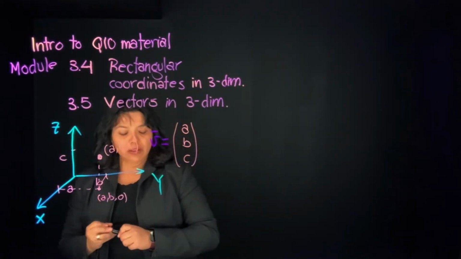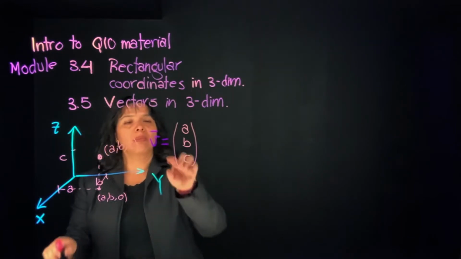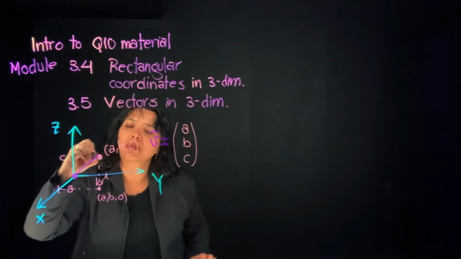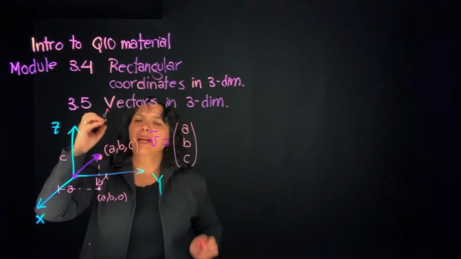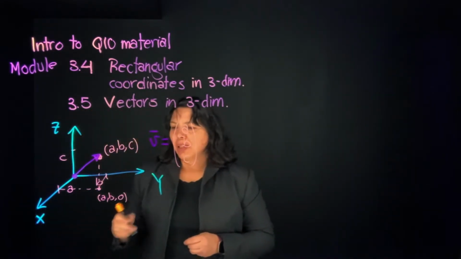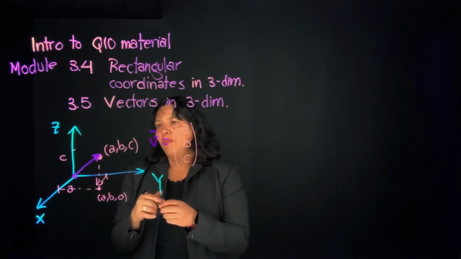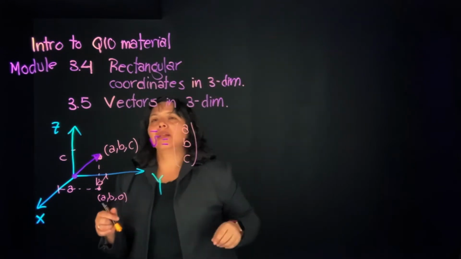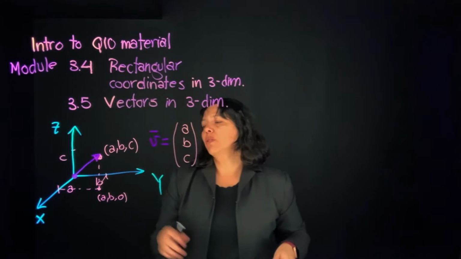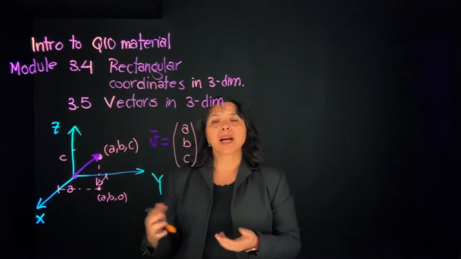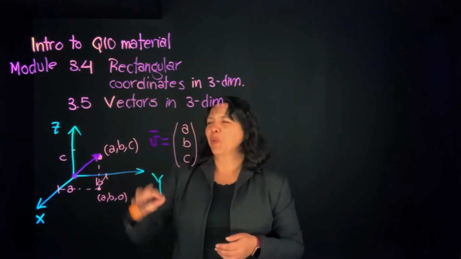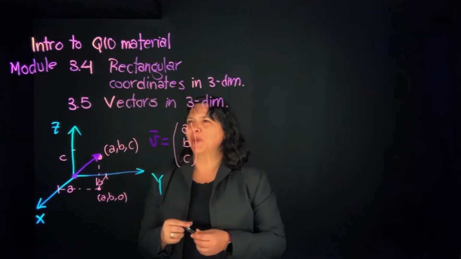My vector V altogether, remember, starts at the origin and will go like this. Okay, so that's the main idea about graphing in rectangular coordinates in 3 dimensions. You want to practice a little bit more, but your textbook has really good examples, better than anything that I can work out here on the board.